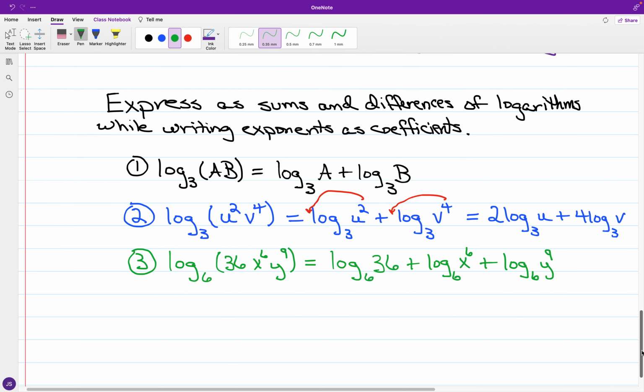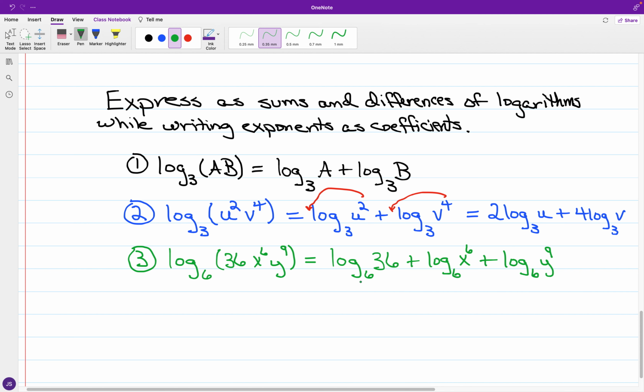Now if you notice, we have 6 and 36, and I can reduce what I have here because 36 is both a multiple and an integer power of 6. Now I'll just duplicate the next 2 terms, and I'll convert the exponents to coefficients in the last step.